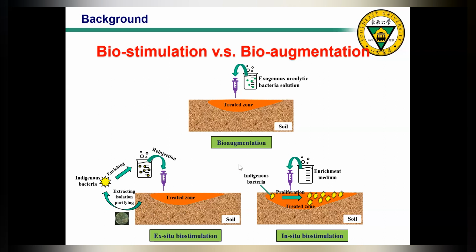Compared with the other two approaches, it is much simpler, the whole process is relatively easy, and there is no problem regarding the compatibility of bacteria and the natural environment. So in this study, we will focus on the in situ biostimulation method.